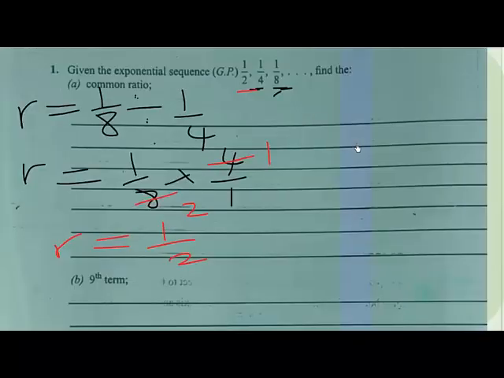So a is the first term here, which is 1 over 2. R is equal to 1 over 2 as well, we just found it. Then we are looking for the ninth term, so n is equal to 9.